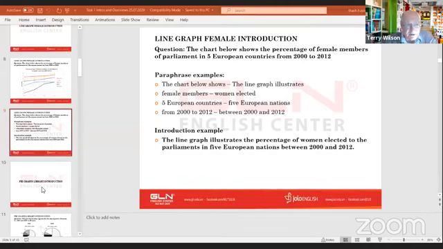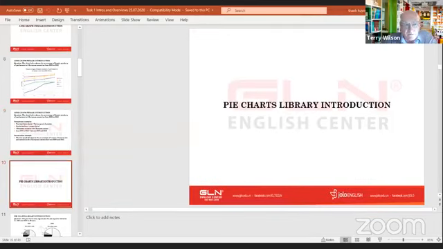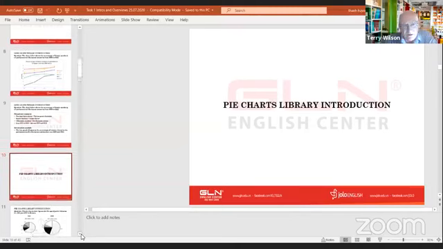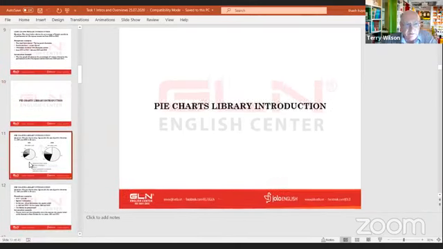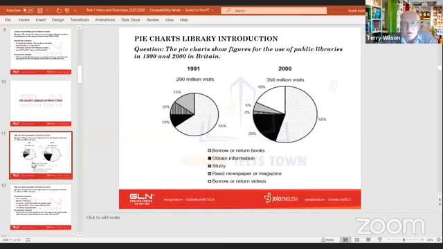Let's have a look at another example. I think we've got 5 examples today altogether. So this time we're going to look at a pie chart. So when you get a pie chart question, most often you will get 2 pie charts.